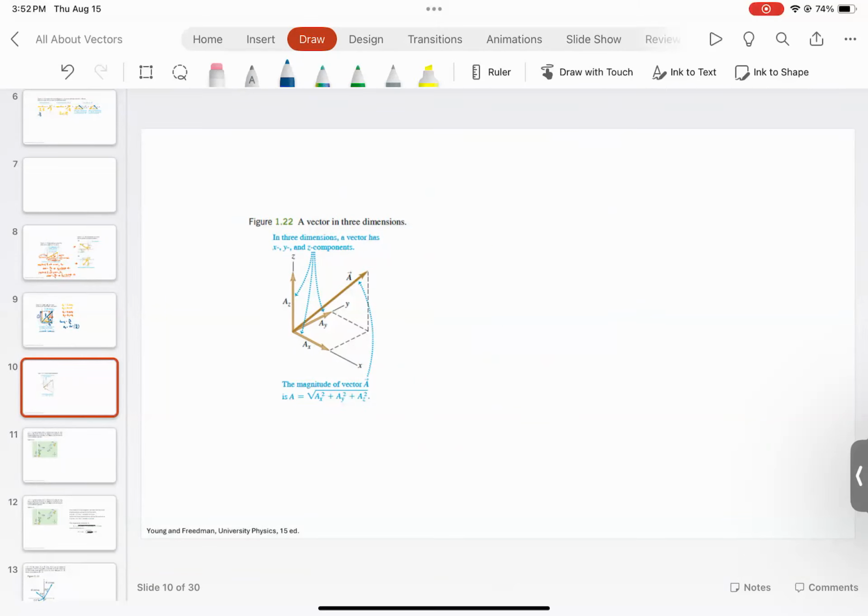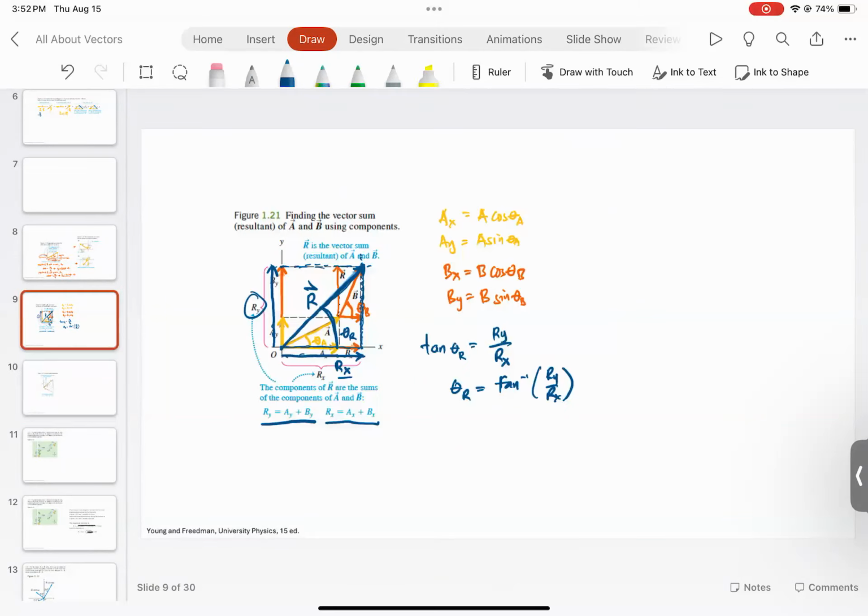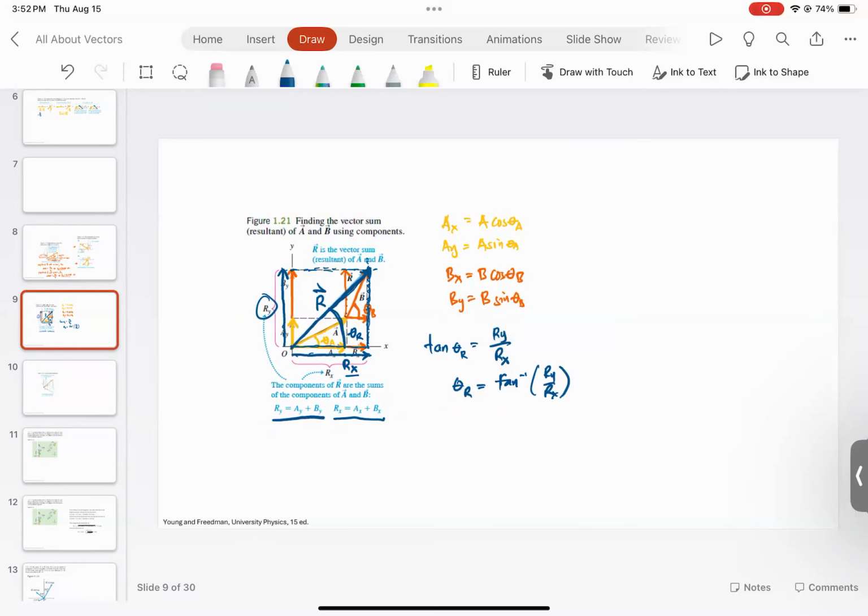Siguro kumpletuhin lang natin itong magnitude ng vector R, is just equal to R. Since ito ay right triangle, then we know Rx squared plus Ry squared.